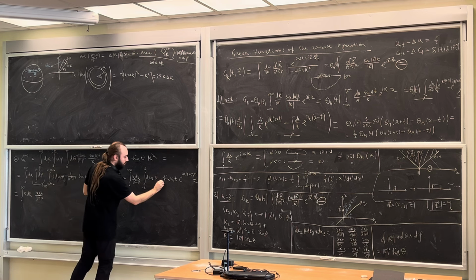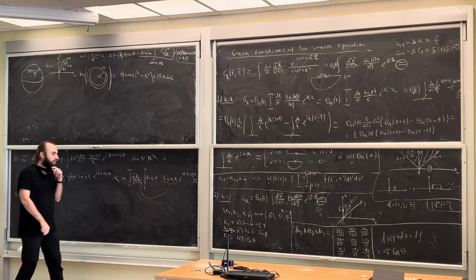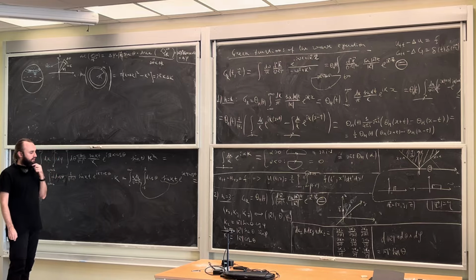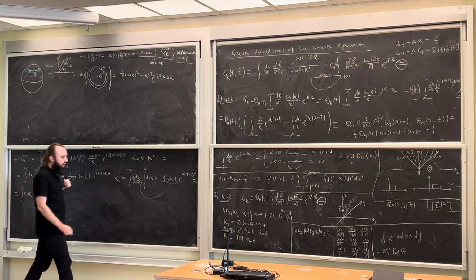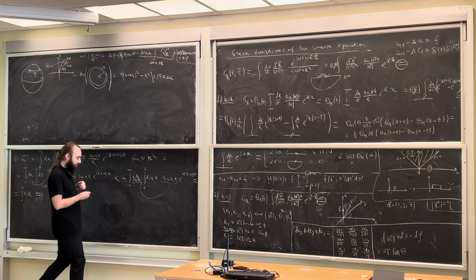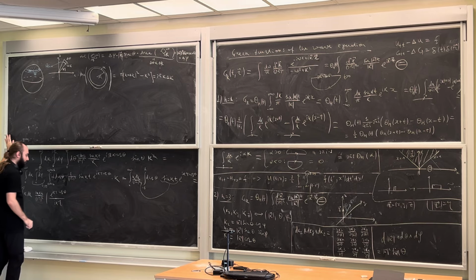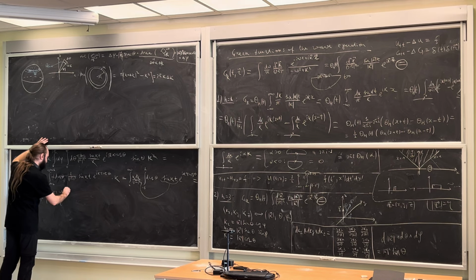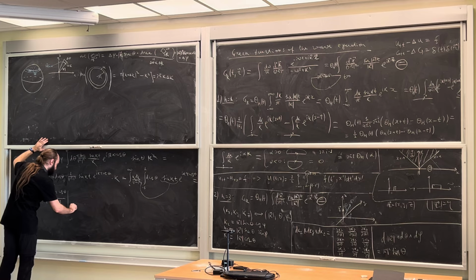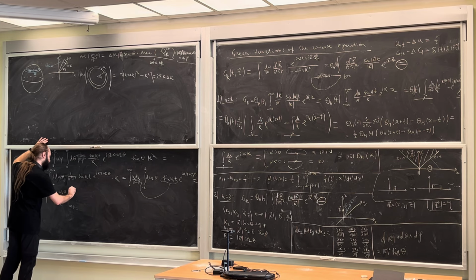Of course, we can move it here, divided by i k r, from cosine theta equals minus 1 to cosine theta equals plus 1.